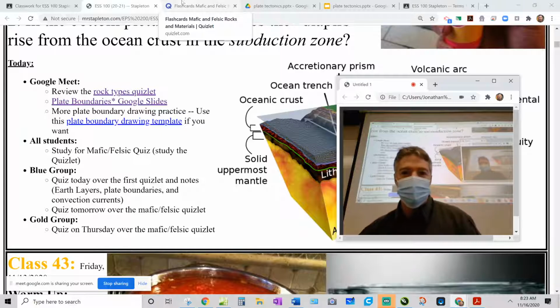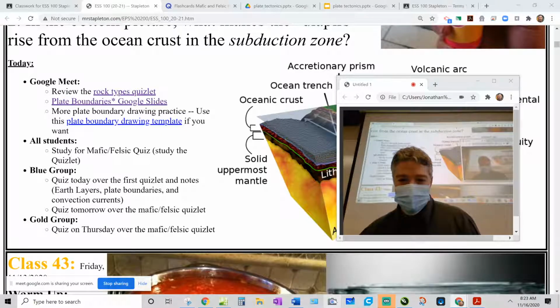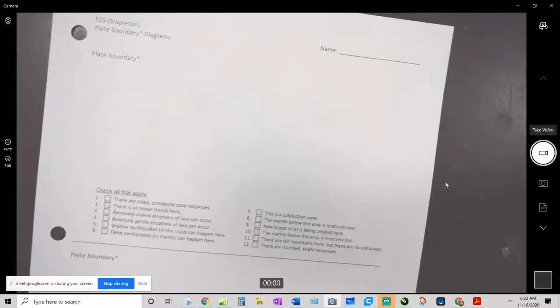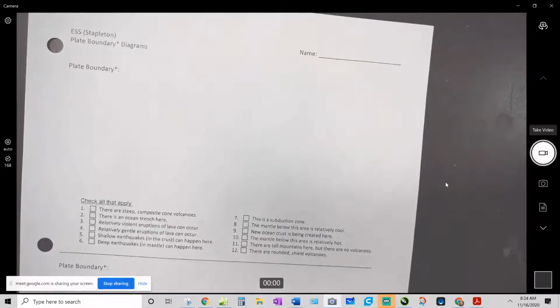I'll explain why as we go. So let me switch to this camera, which I'll probably have to turn off and turn back on. I don't know why. Hopefully it'll work. There we go. So this is what my sheet looks like.